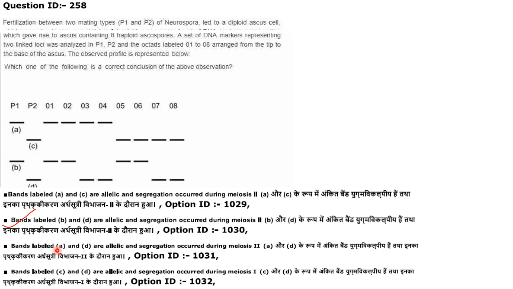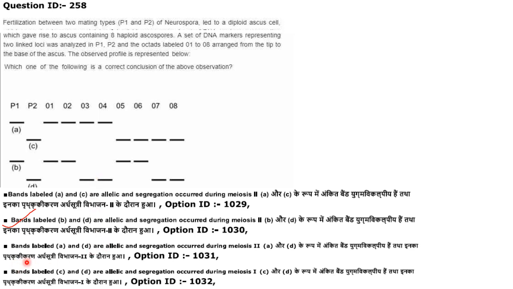Now next one. Bands labeled A and D are allelic and segregation occurred during meiosis 2. Now A is here, D is here. So these are the A bands and these are the D bands. A and D come together, so they are not allelic. So option 3 is not correct.